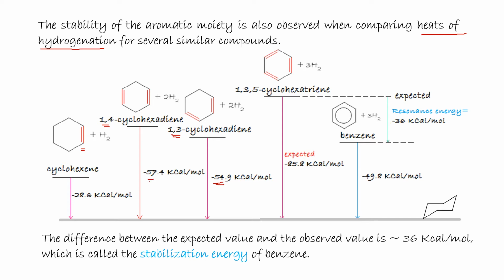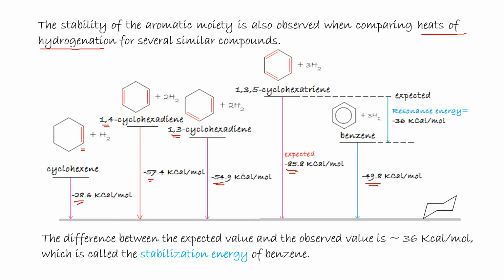Yes, it's indeed, because we are expecting resonance delocalization in the 1,3-cyclohexadiene. When we do that for the triene, our scientists were expecting minus 85.8, 3 times that amount, but we end up with only minus 48.9 kilocalorie per mole.